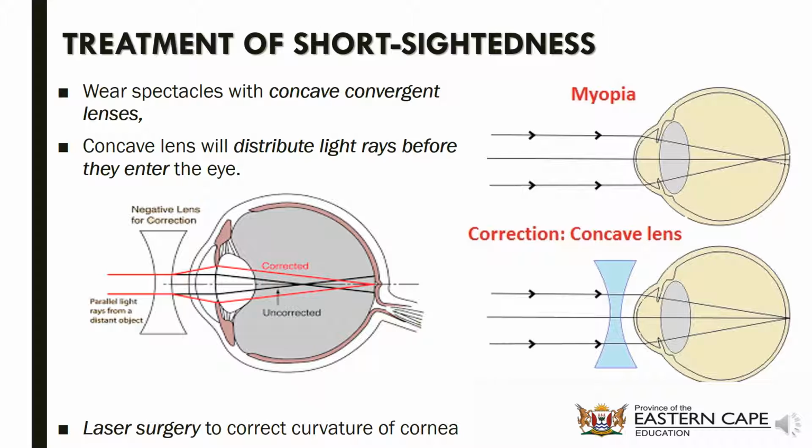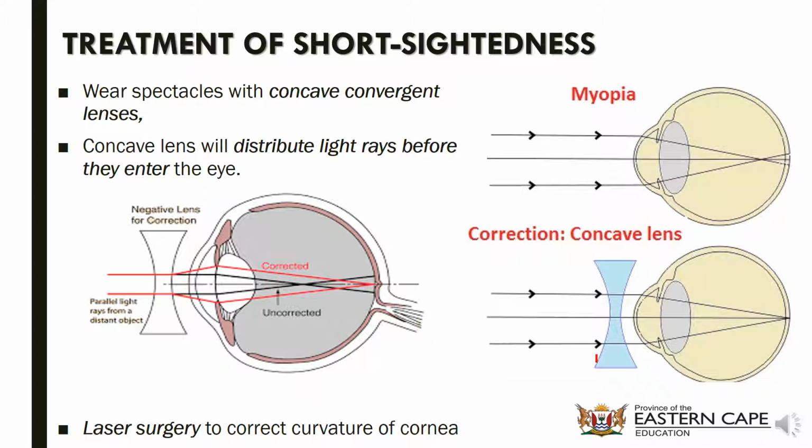We're going to use the concave lens. It curves in there, and it allows the light rays to come, and they're going to be split, separated before they enter the eye, and then allow for the image to go and form at the retina.